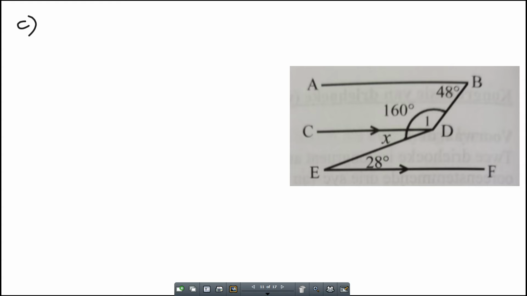Nee, ek moet vir X gaan uitwerk. Hoeveel gaan X wees? 28. Okay, so ek gaan sê X is 28 grade. Why would it be? Verwisselend, nee. Alternate angles, because CD parallel to EF. Okay, en as ek nou dit daar gaan invul, hy is 28.